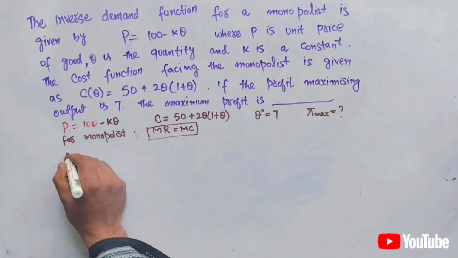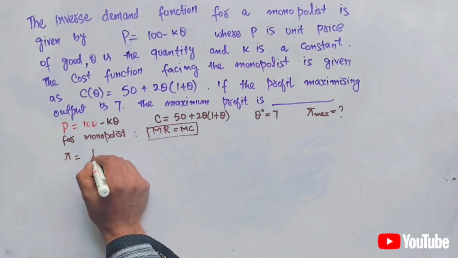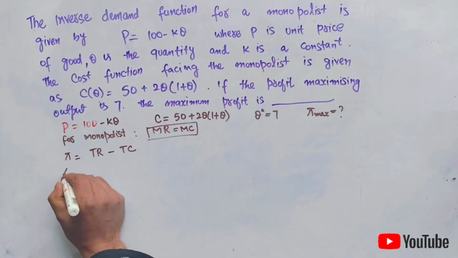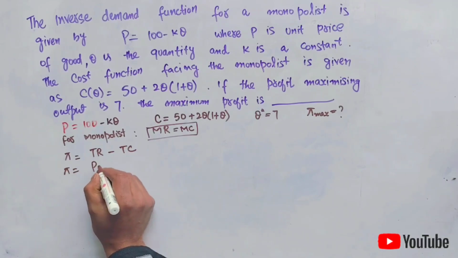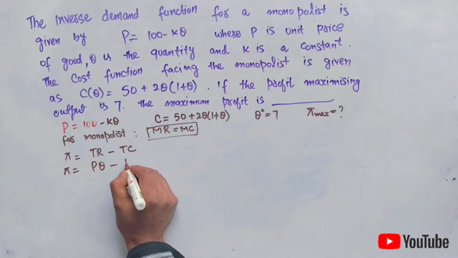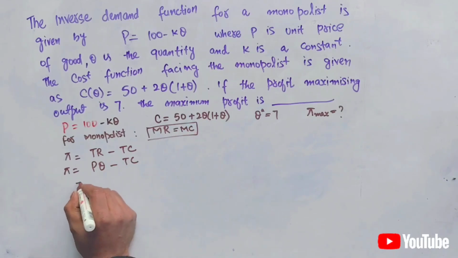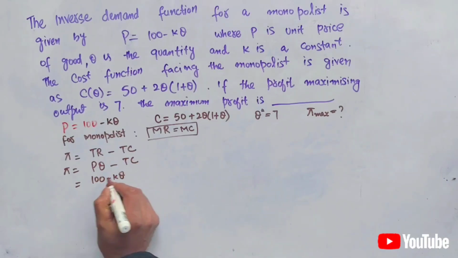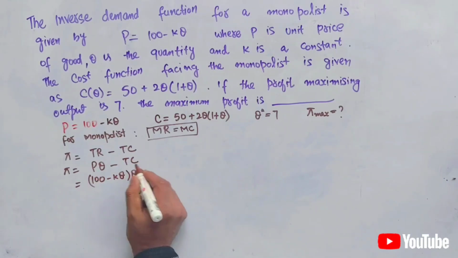The total profit for the monopolist is total revenue minus total cost. Total revenue is price times quantity, so price is 100 minus KQ, multiplied by Q, minus total cost.